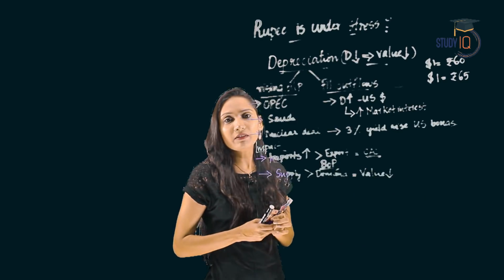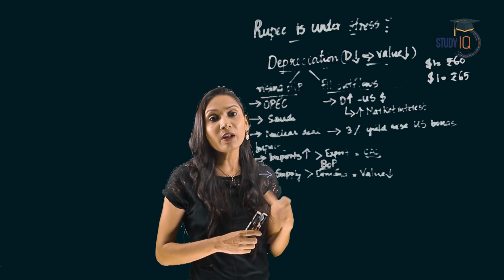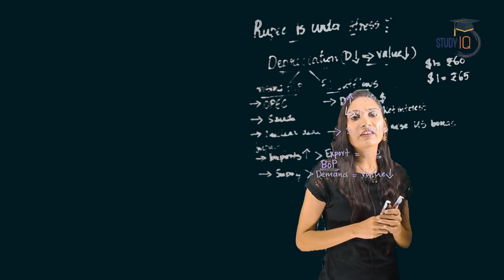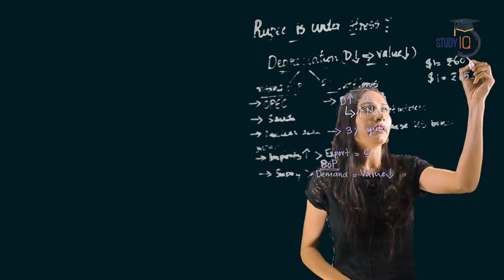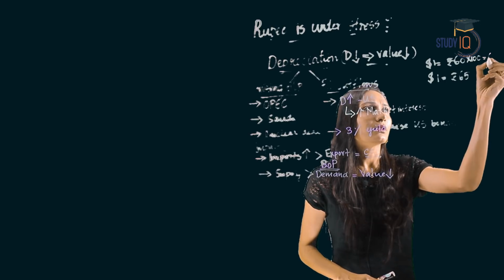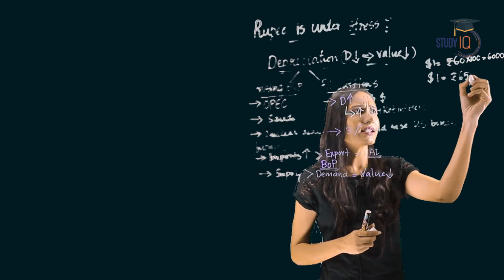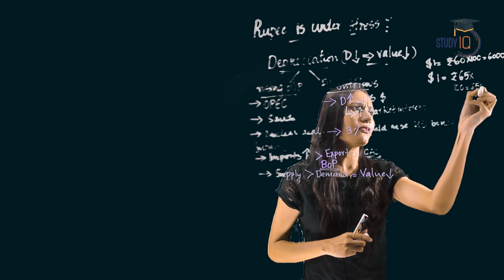So what will happen in case of imports? You have to pay more rupees for importing commodities. Let us see how. Suppose earlier we were buying commodities for $100. So 100 into 60 will give you 6,000. And now it is 65, so 65 into 100 is 6,500.